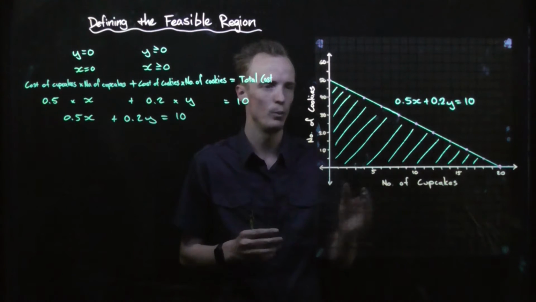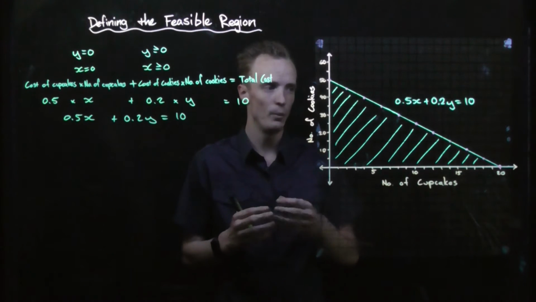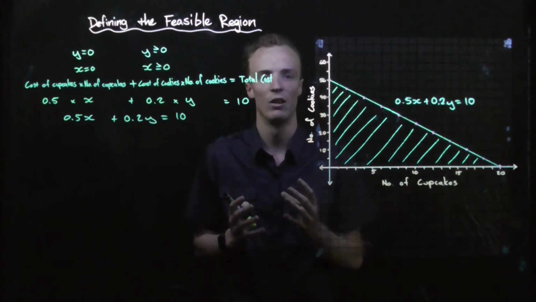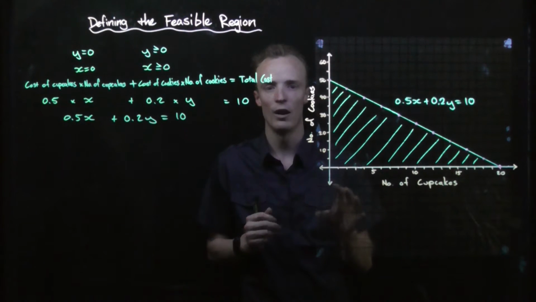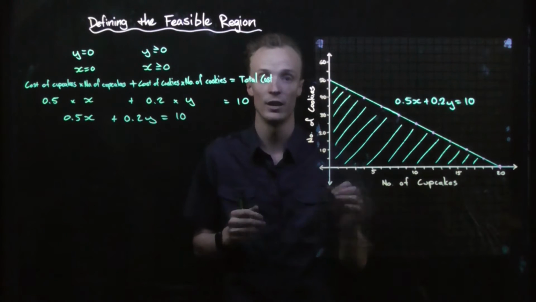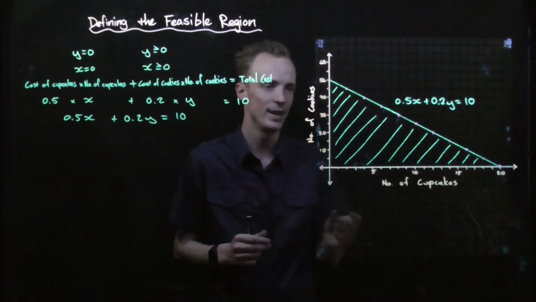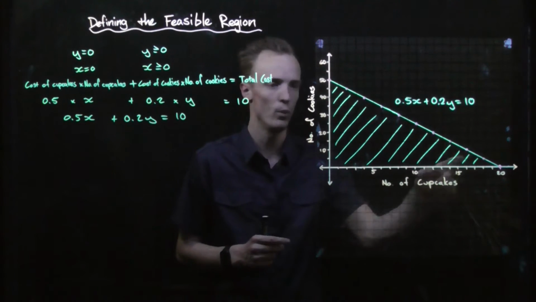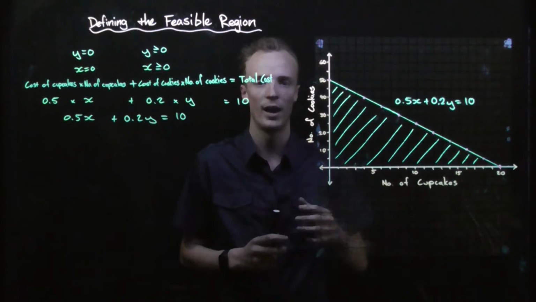Now, when we're working with lines that aren't vertical or horizontal, working out whether it's greater than or less than that line can be a little bit more tricky. But I have got a way that can always confirm whether that feasible region is greater than or less than that line. What we need to do is pick any coordinate that we want that exists within the feasible solution that's not along that line.